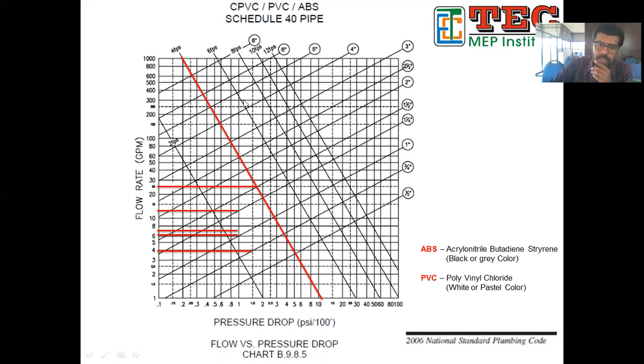One set of lines shows the velocity, 2 FPS, 4 FPS, 6 FPS, 8 FPS, like that. This other set of lines shows the diameter of the pipe. Half inch, 3 by 4 inch, 1 inch, 1 by 4, and it goes like that, 4 inch, 5 inch, 6 inch, 8 inch. Understood what I'm saying?